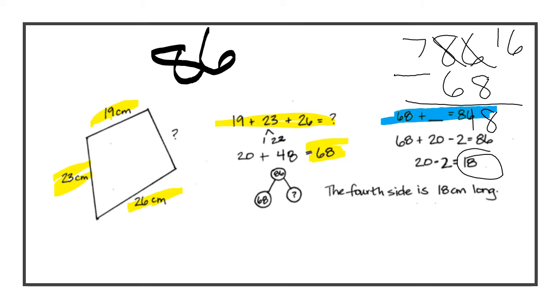The fourth side is 18 centimeters long. So I switched it to subtraction and did 86 minus 68 equals 18. Go back and make any corrections that you need to make on your paper, or you can add more to make it even better.